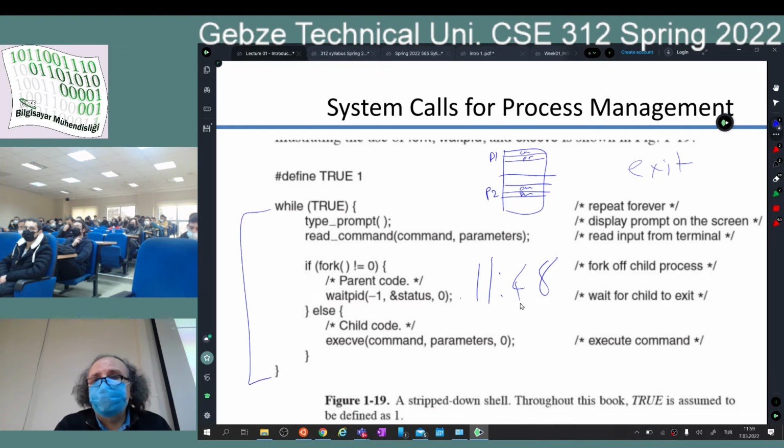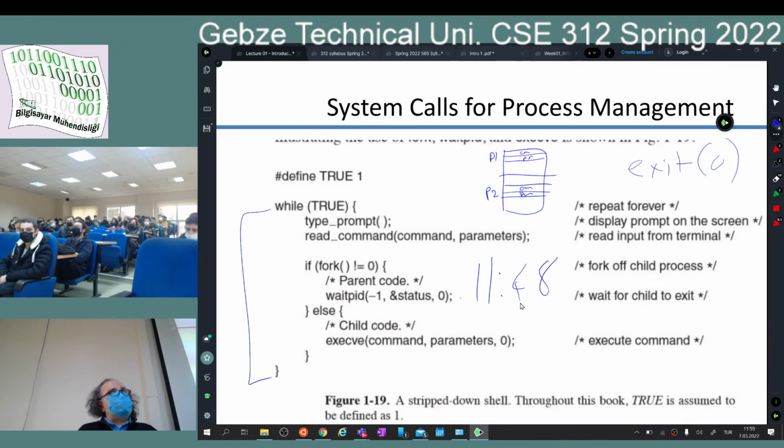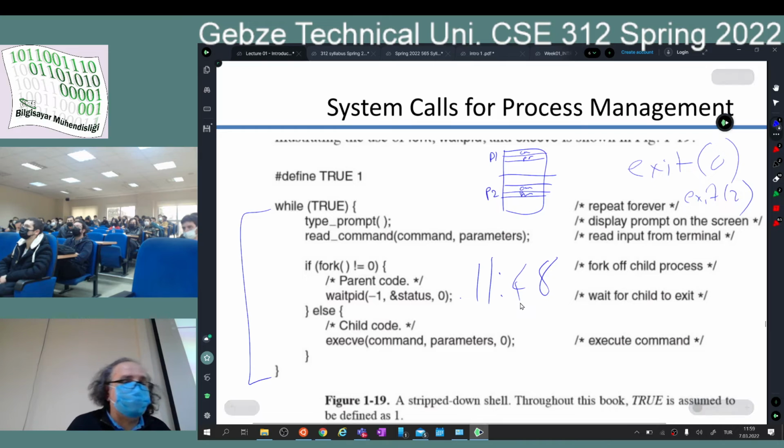And you provide a return number. For example, when you say exit 0, terminate my process with an error code of 0. That means that I am fine now, just terminate myself. And if you say exit 2, terminate my program with an exit code of 2. That's as simple as this.